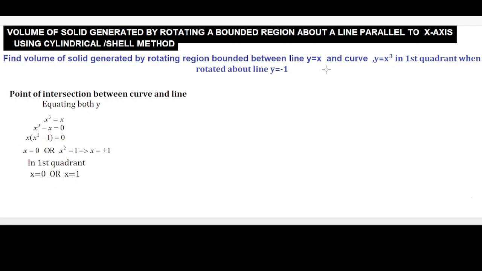If we put x equal to 0, y is also 0, and at x equal to 1, y is also 1. So we are getting the pairs x equal to 0, y is 0, and x equal to 1, y is 1. So finally you can conclude the points of intersection between the curve and the line are 0, 0 and 1, 1.